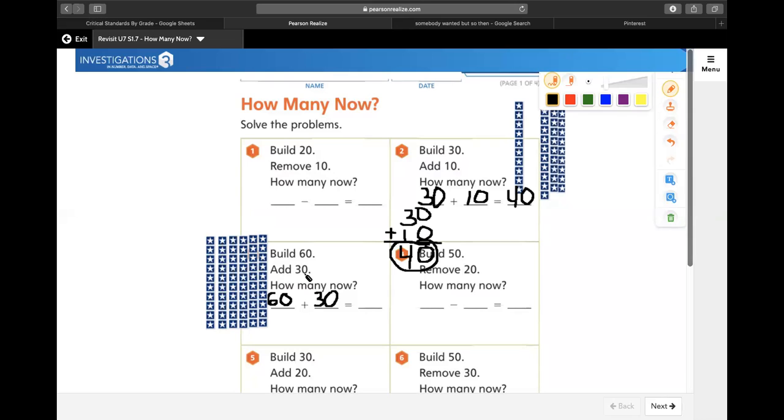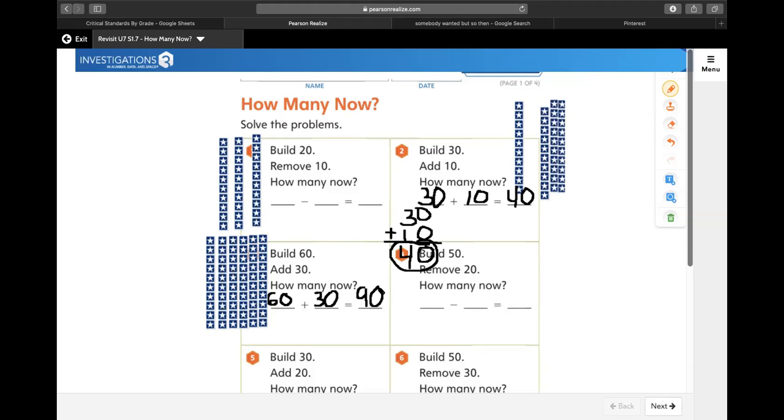Now I need to add 30, so I'm adding 3 more towers of 10. So let's add 3 more towers of 10. 1, 2, 3, or 10, 20, 30. How many do I have now? Let's count. 10, 20, 30, 40, 50, 60, 70, 80, 90. I have 90 now.